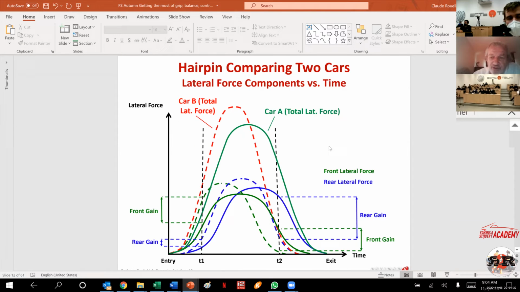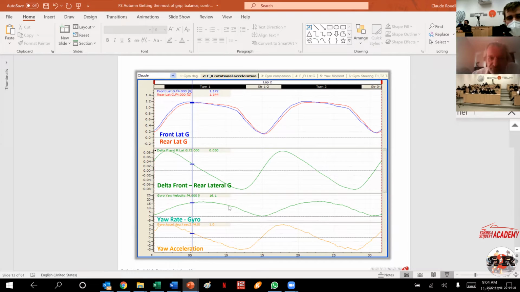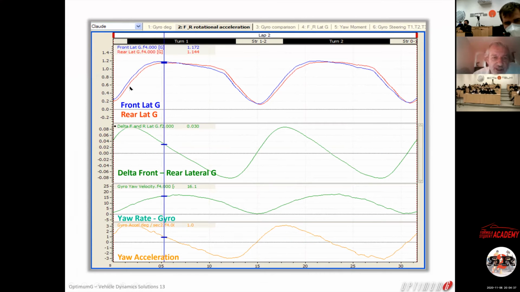So you have an example here, again, where you see that the grip on the front increases quicker than the grip on the rear, but decreases quicker on the front than on the rear. So you are going to have the variation here. It's not a lot, 0.08 G, okay? And you see, by the way, that at the apex, it's going to be 0.